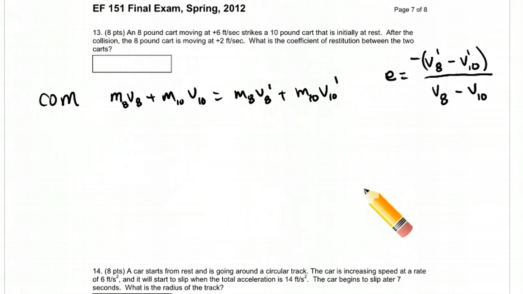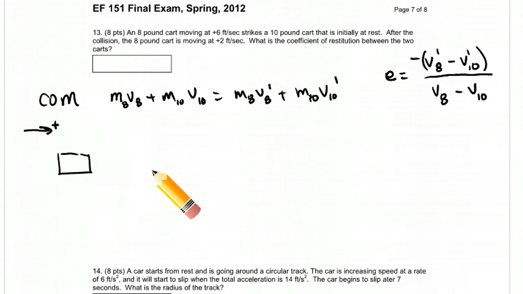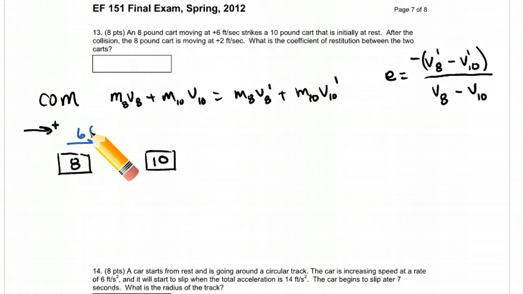Let's draw a picture here just to show things. We use positive to the right. So here's my 8-pound and here's my 10-pound. The 8-pound is moving at 6 feet per second, and the 10-pound's velocity equals 0. So this is before.